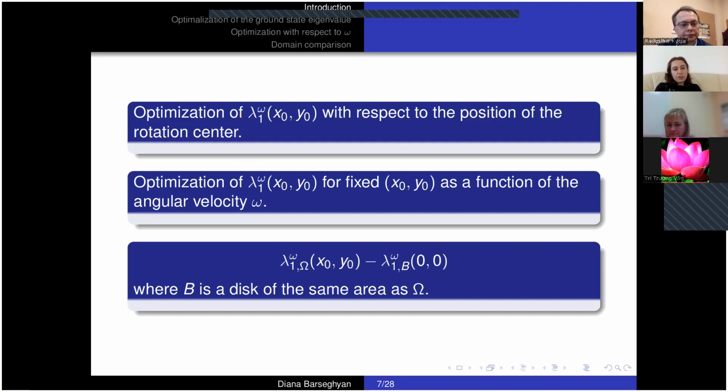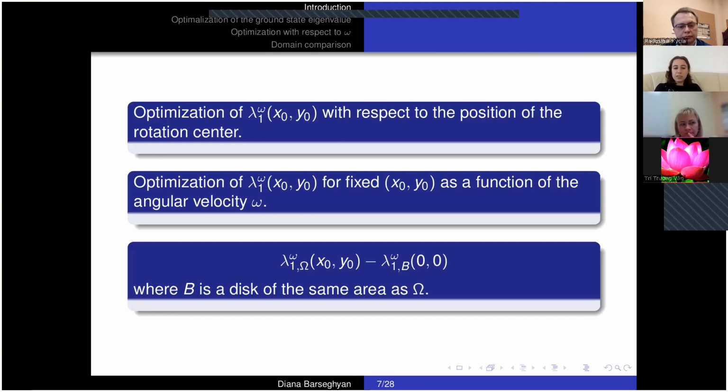The next question is: you fix (x0, y0) and look at this as a function of the velocity ω. And the third question: we have the domain Ω, we fix its volume, and then we look at the disk with the center at 0 and the same volume as Ω. Then we look at this operator defined on the disk with rotational center at the origin, and at its ground state eigenvalue, which is λ1^B(ω, 0, 0).